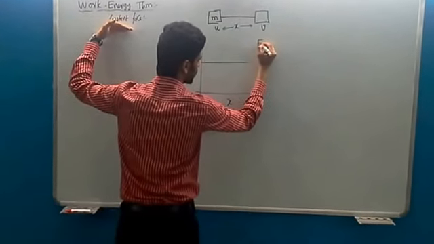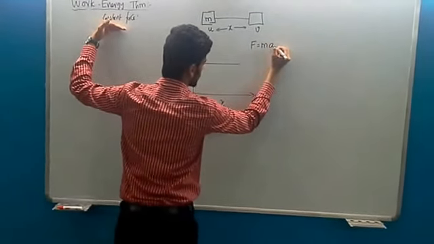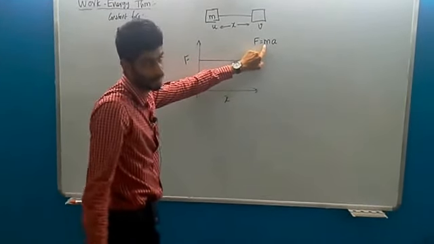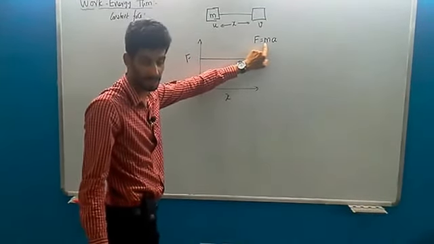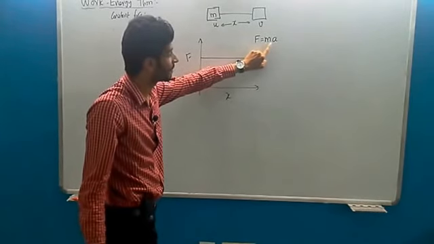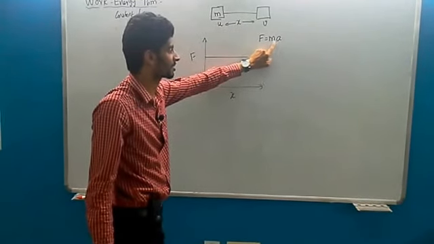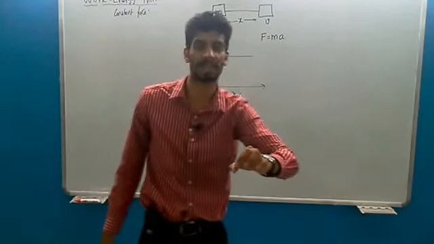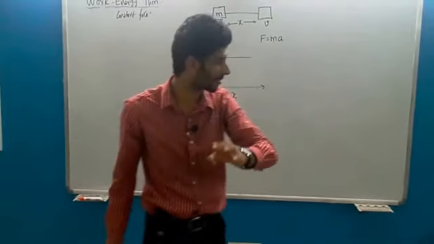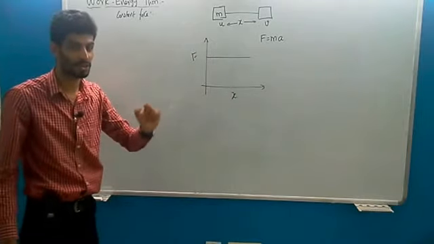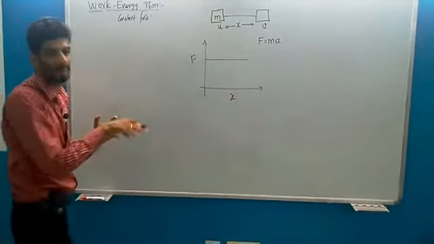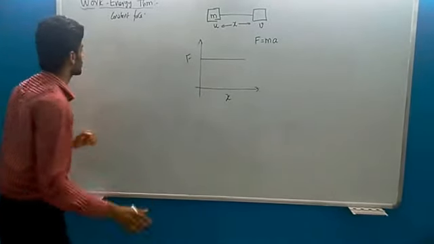Remember, I have Newton's second law, F is equal to ma. Since F is constant, and mass remains constant unless it moves with the speed of light, acceleration also remains constant. So if F is constant, a has to be constant. This is a very special case, constant acceleration, so I have to make use of the kinematic equation, because that kinematic equation is meant for constant acceleration.